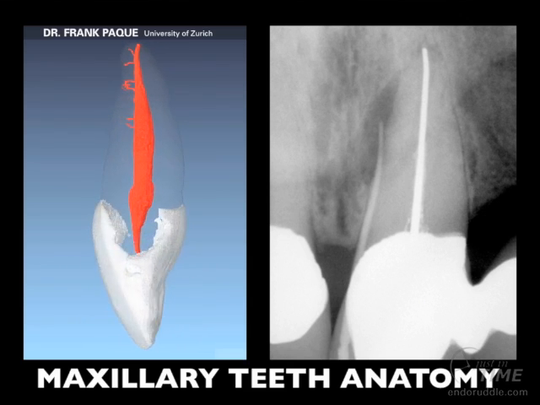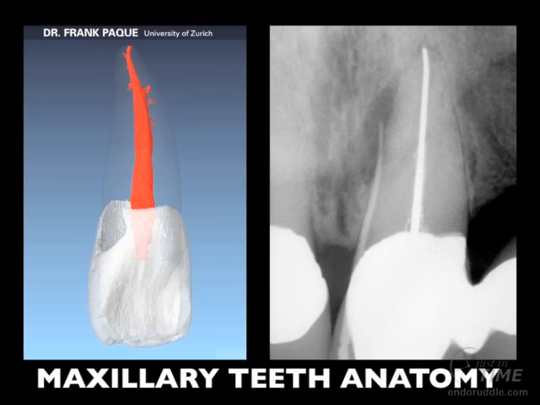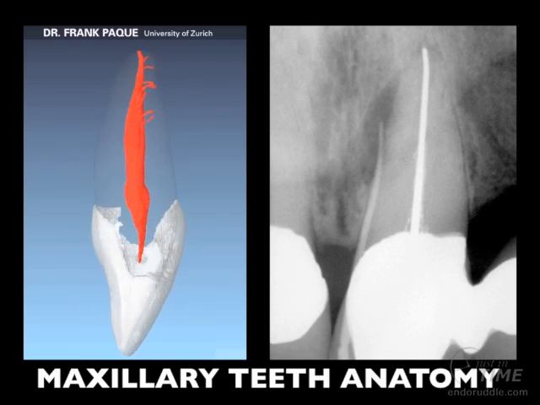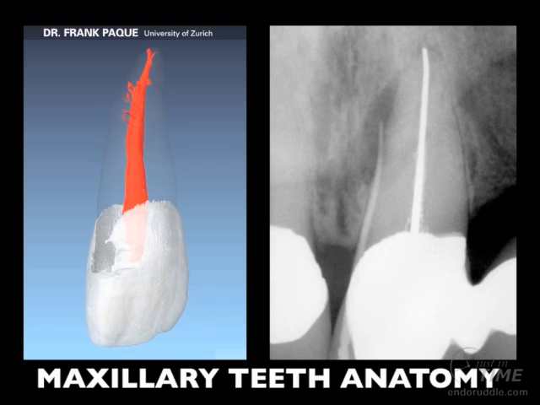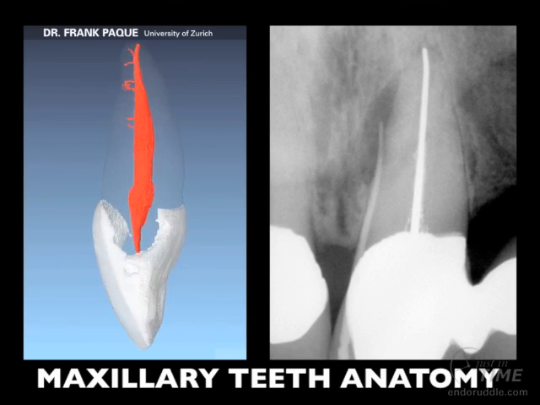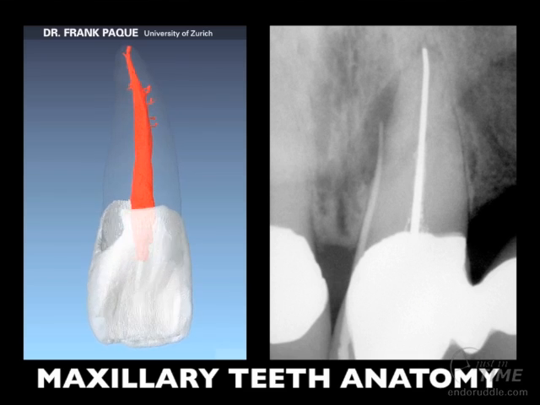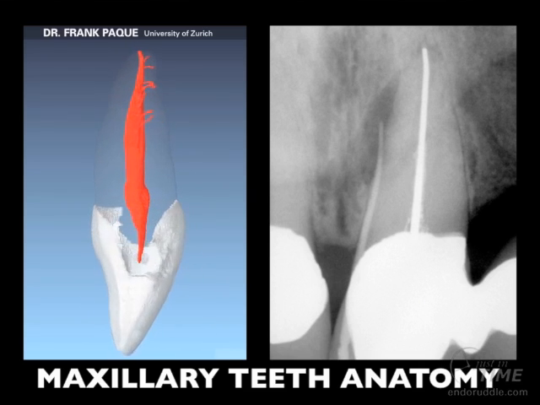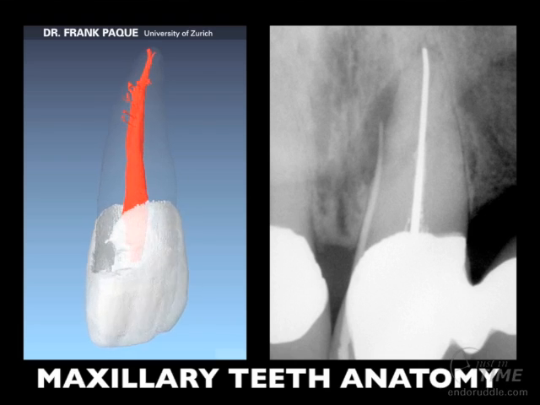This is a classic example of a previously treated tooth where the previous obturation material is overextended vertically, but the root canal system is internally underfilled. Overextended and underfilled.